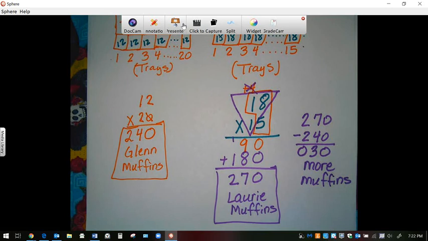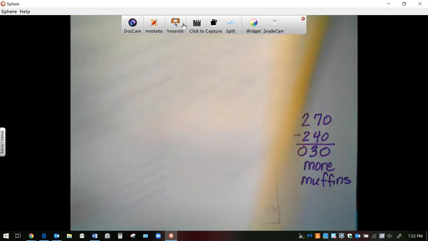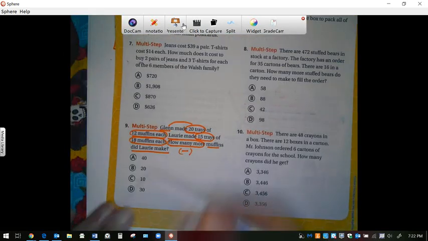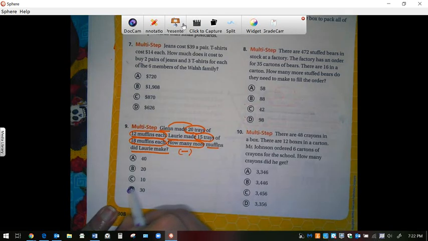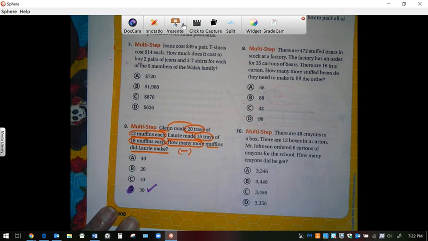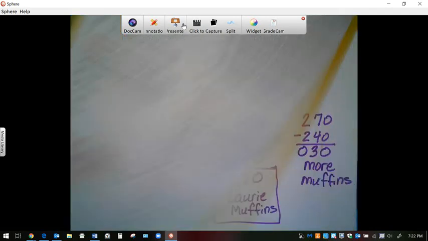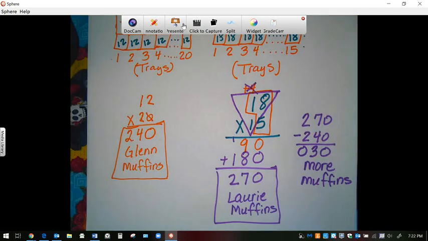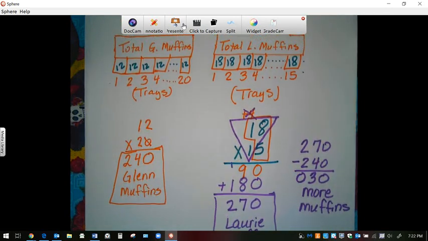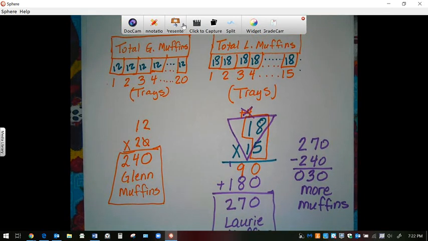Okay, so we're going to look at our answer choices. And the answer was letter D, 30 more muffins. And that is using strip diagrams to help you solve or set up your multiplication problems and then solve using a multiplication strategy.